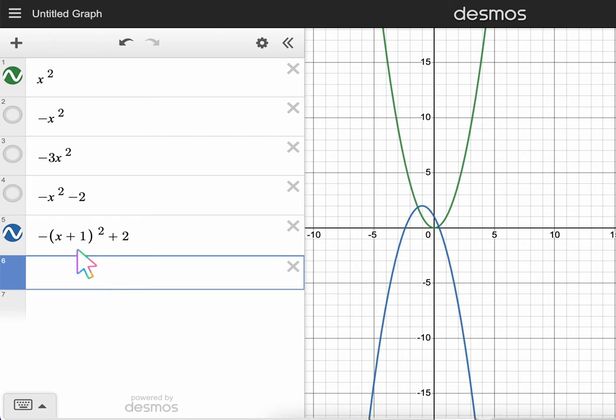And then because of the plus 1 with your x value, it's going to shift to the left 1 unit. So to the left 1 unit because of this plus 1, and then going up 2 units because of this plus 2, and then opening downwards because of that negative sign.